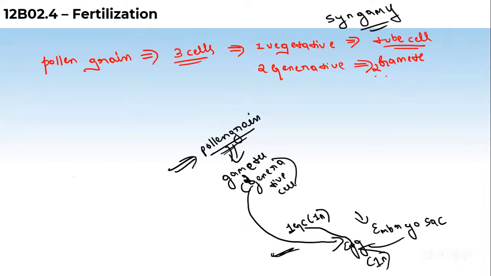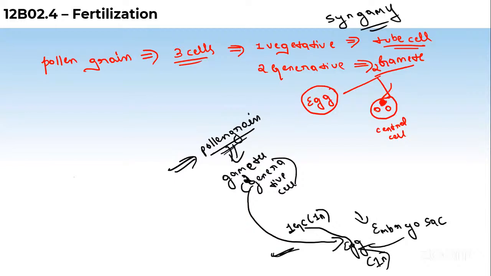Of the two gametes, one gamete is going to be fused with the egg. And there is a central cell that has two nuclei. The other gamete is going to be fused with this central cell.